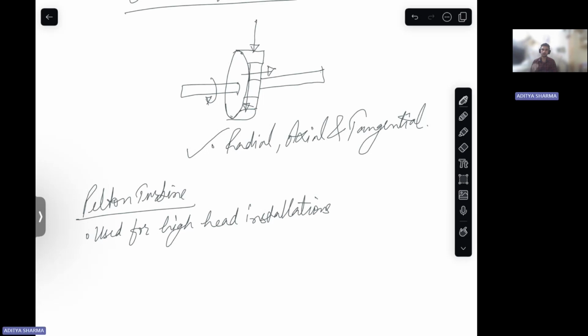Okay, so the maximum height of the dammed water that is available to us, that is basically your head. So Pelton turbines are used when high head installations are used, right?